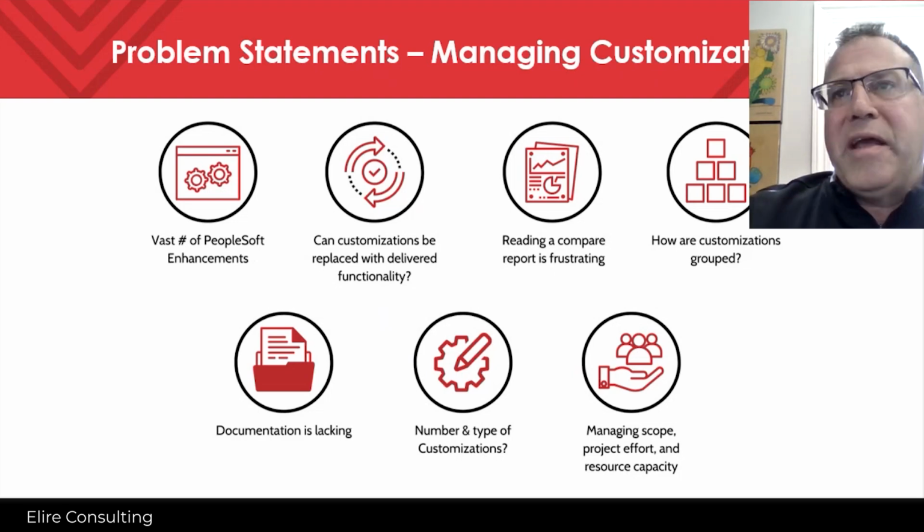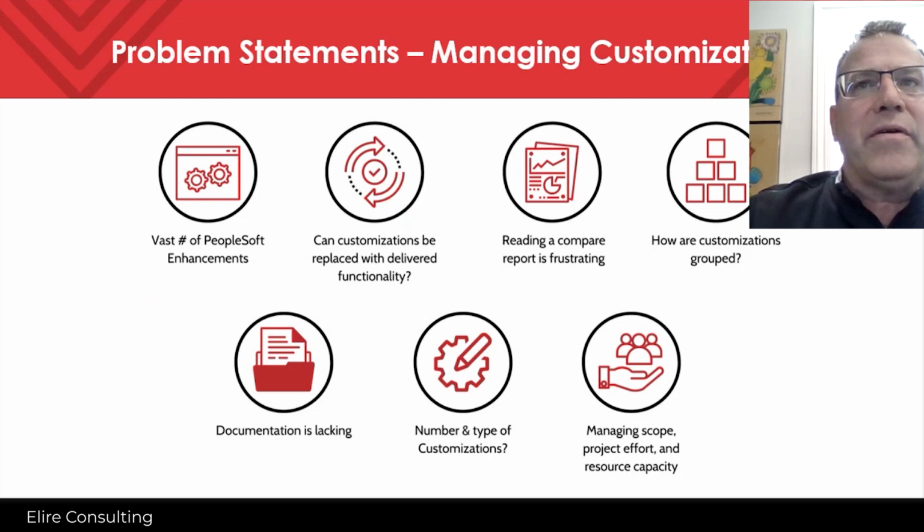The lack of understanding of how the customizations are grouped together is frustrating for customers. A lot of times customers are lacking documentation of their customizations, so they really just don't know where they sit and why they were created. They don't know the number or type of customizations, whether bolt-on or customization to delivered.